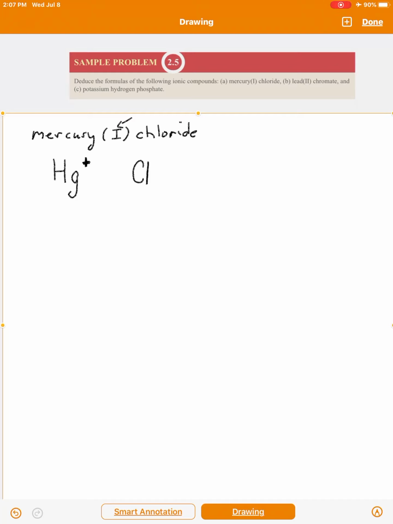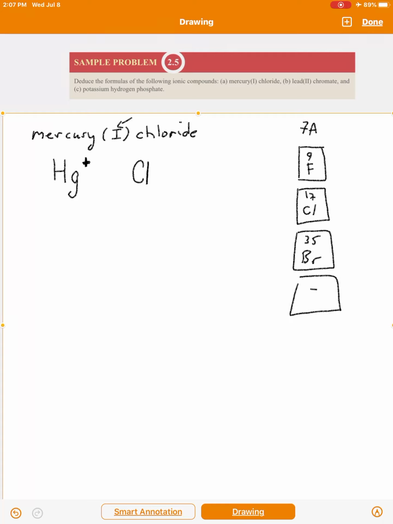The next thing to do is to figure out what the charge of chloride is. This is the general strategy you use. If you look in the periodic table at column 7A, that's where you'll find fluorine, which is element number 9, chlorine, which is element 17, bromine, which is element 35, and iodine, which is element 53.